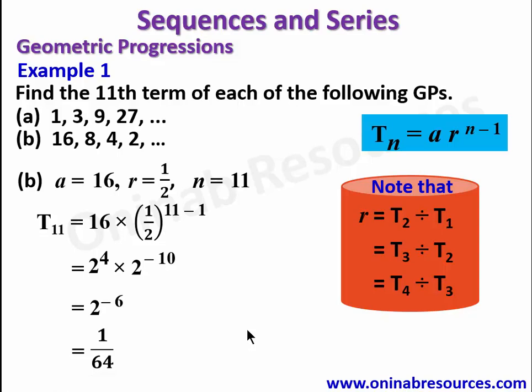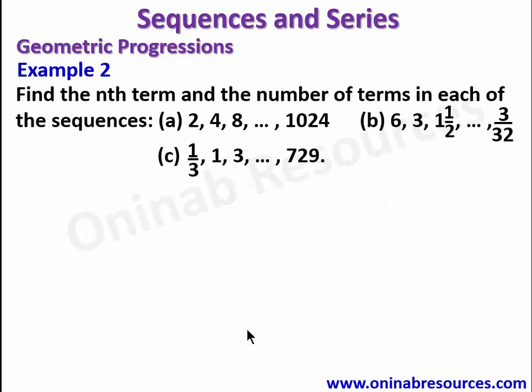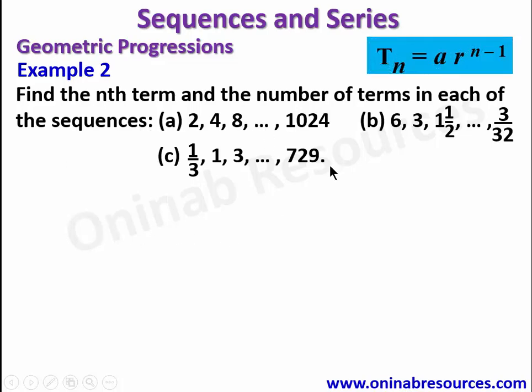And we go to example 2. For example 2, find the nth term and the number of terms in each of the sequences. So starting from our formula, we have Tn equal to AR raised to power n minus 1. And from example 2a, how do we identify if the progression or the sequence is an AP or GP?